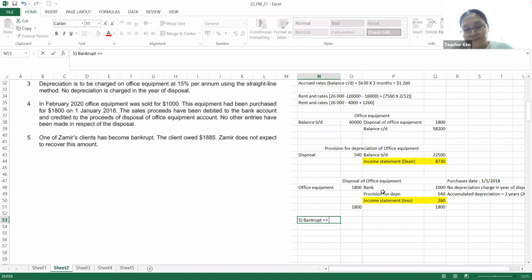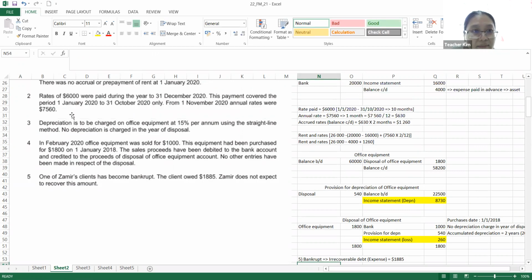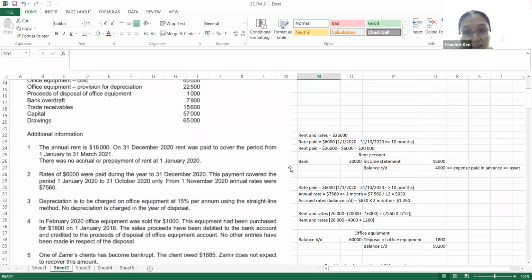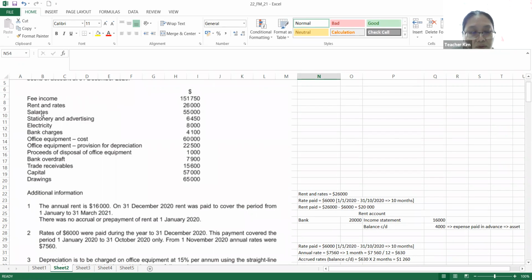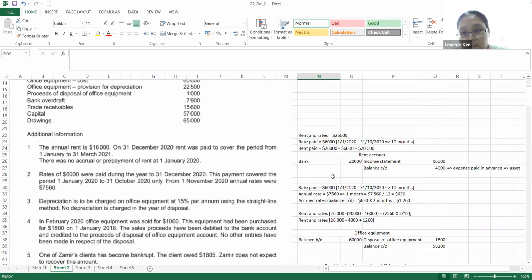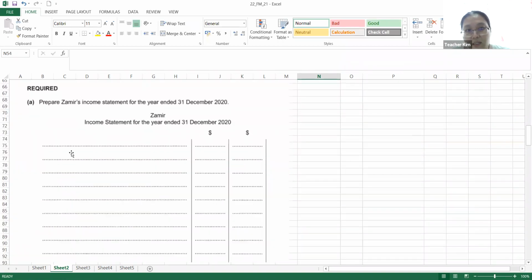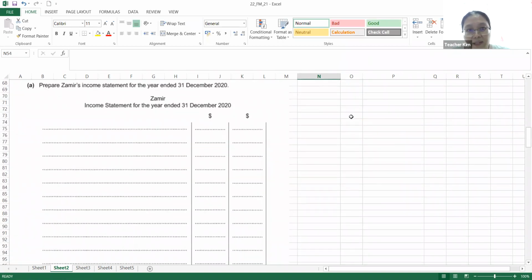This is irrecoverable debt. This is an expense. So 1,885. So all the items in the additional information we have already identified. If we put them in the right account, you know which goes where, then we should be fine to do this income statement. So now we prepare the income statement.